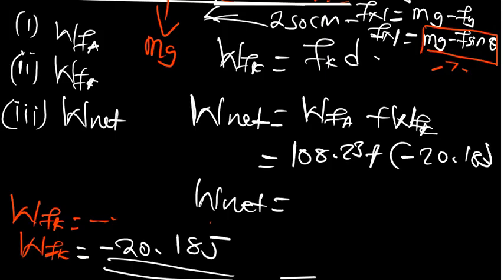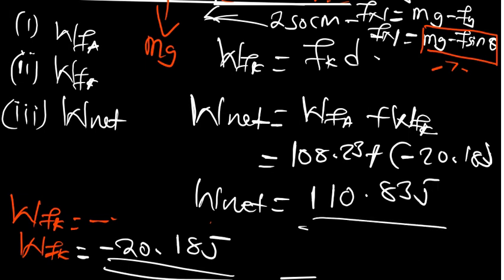Does that make sense? You got 88 point. But this is true. Why can it be 110?